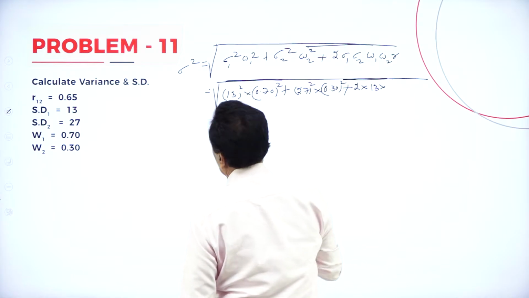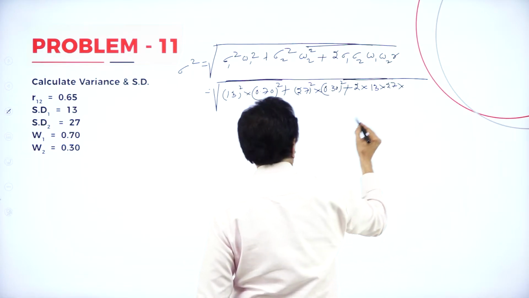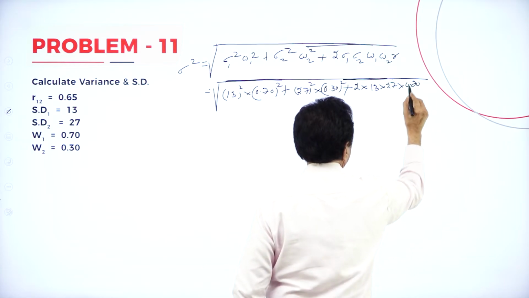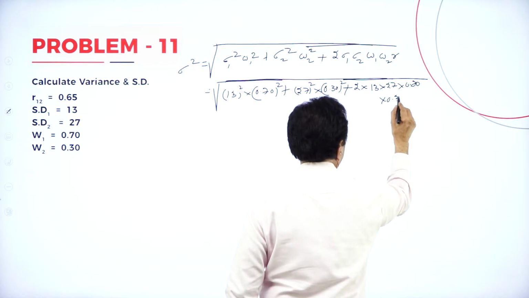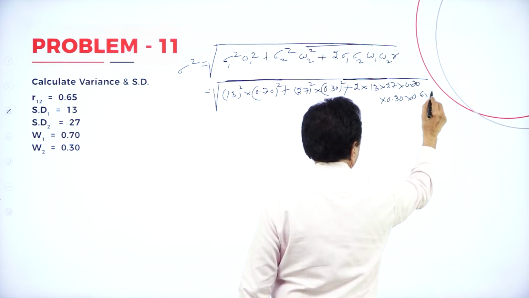Standard deviation 2, 27, into 0.70 into 0.30 into R is 0.65. Simplify.